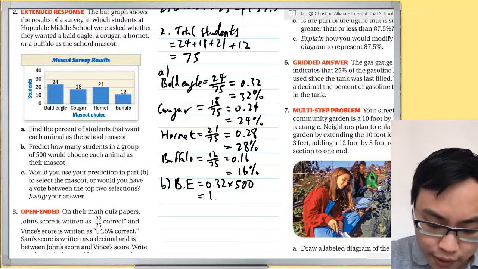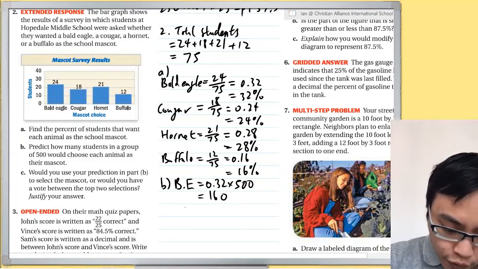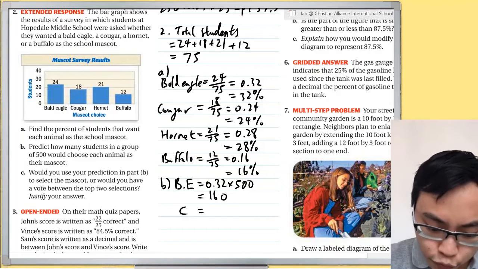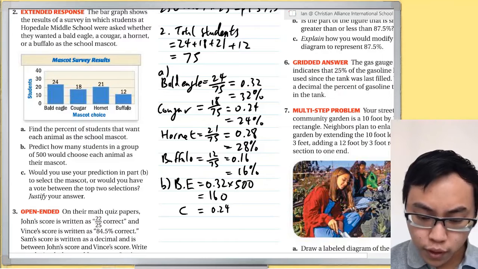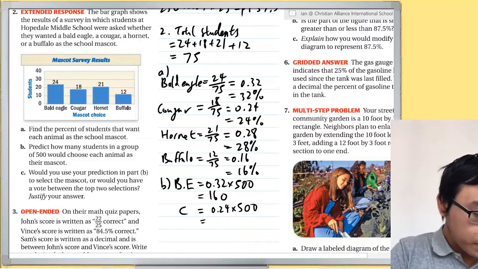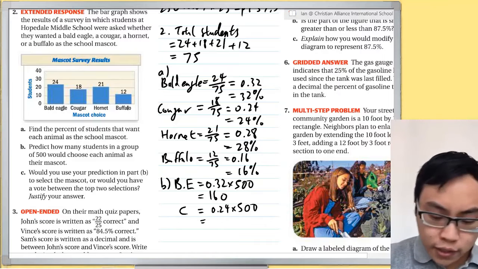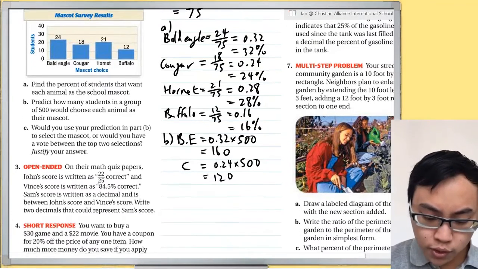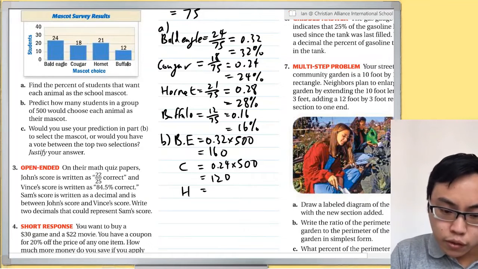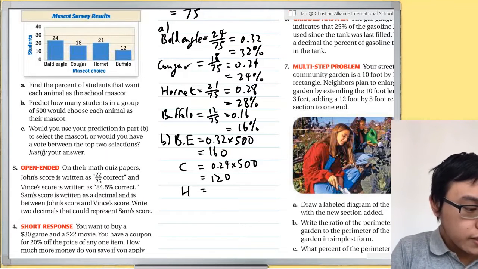is 160 students. And then for Cougar, I'm going to use C for short, that's going to be 0.24, the percent for Cougar, times 500, and then we will get 120 students. And then for Hornet, H, that's going to be 0.28 times 500.